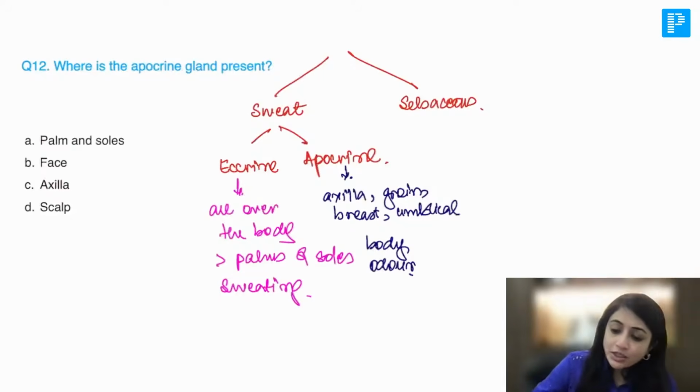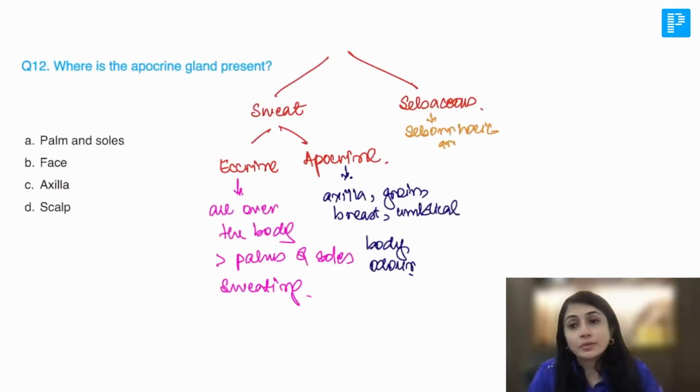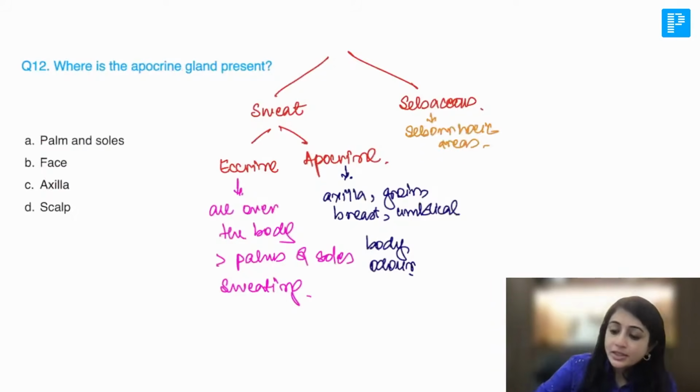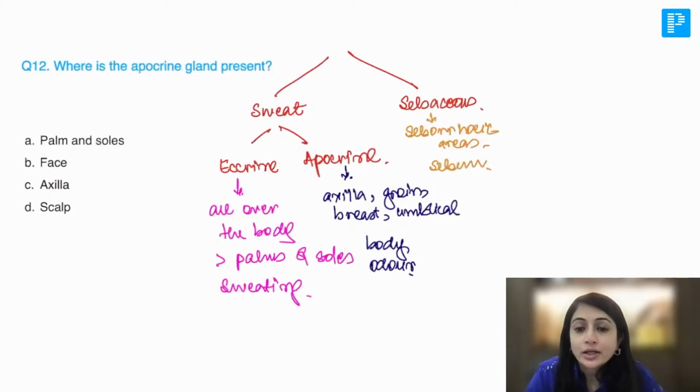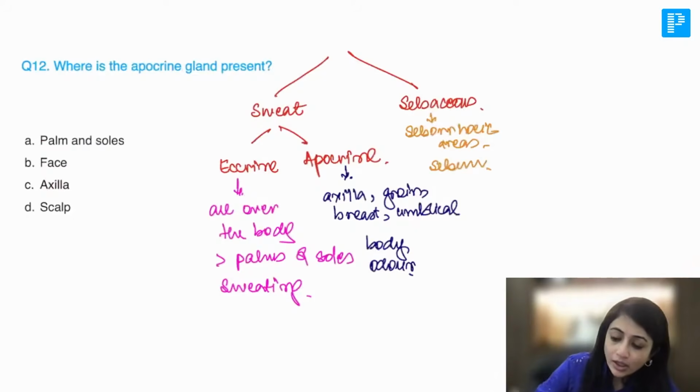Right? Sebaceous glands, on the other hand, is seen in seborrheic areas, which are my scalp, face, and upper part of the body, and these secrete sebum or oil. So, apocrine glands, A for A, and they are usually appearing at adolescent age group.